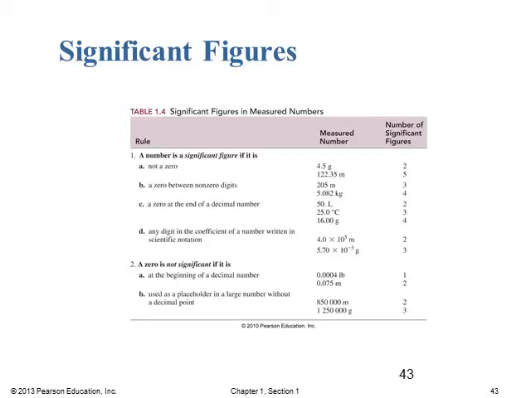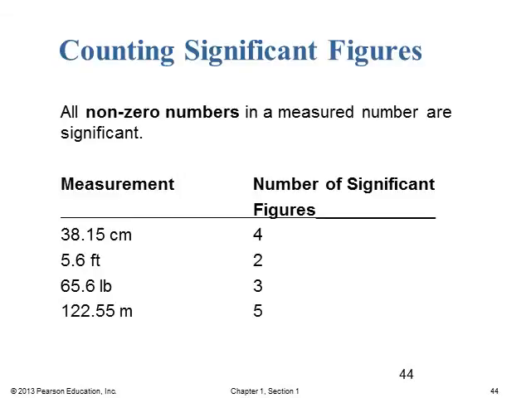Here is a table for determining how many significant figures are in different values. We're going to go through each of these rules in detail in the following slides, but this is just a quick reference table that you can refer back to as a summary.